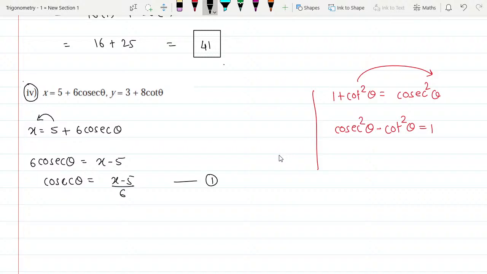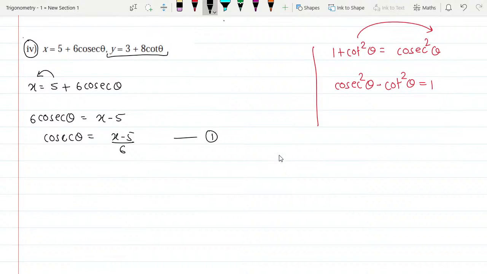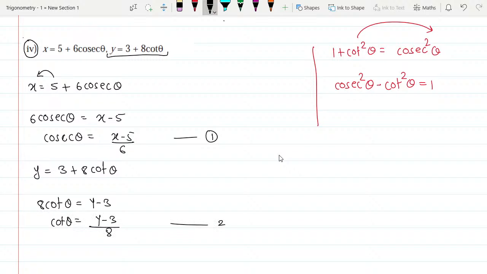This is my equation number 1. Now take y equals 3 plus 8 cot theta. So 8 cot theta is nothing but y minus 3. So cot theta becomes, dividing by 8 on both sides, y minus 3 by 8. This becomes my equation number 2. This is equation number 3.